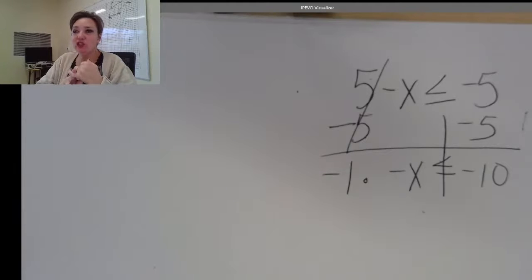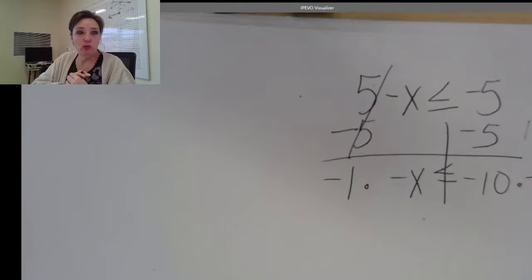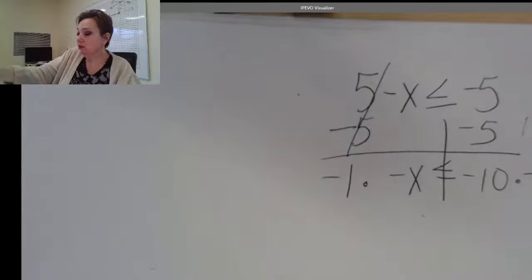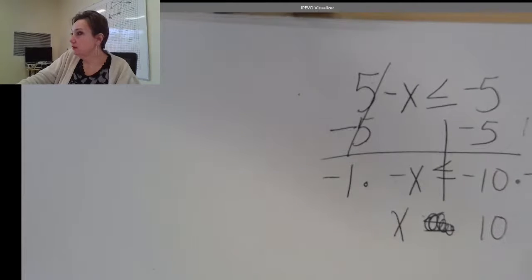Multiplying by 1 doesn't change anything, but multiplying by the negative will make it a positive, right? So on this side we could just multiply by negative 1. What's going to happen over here? X. And then over here, positive.